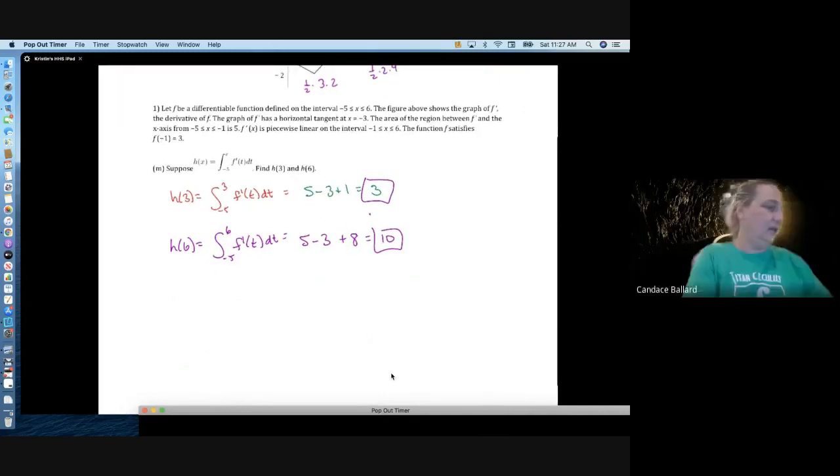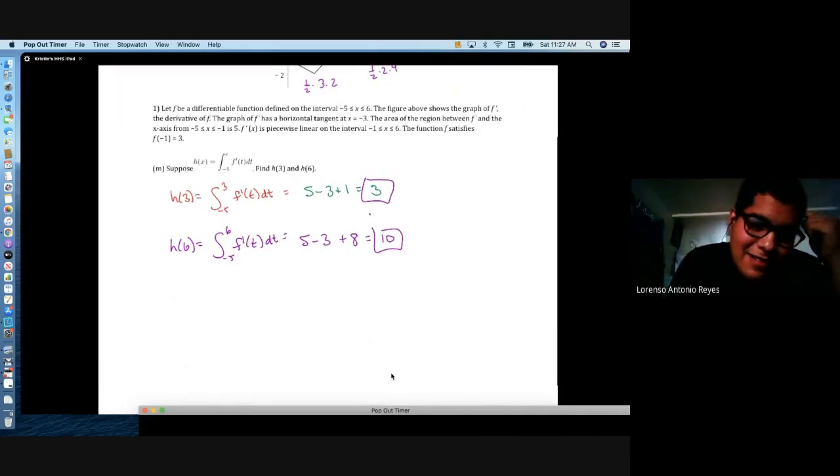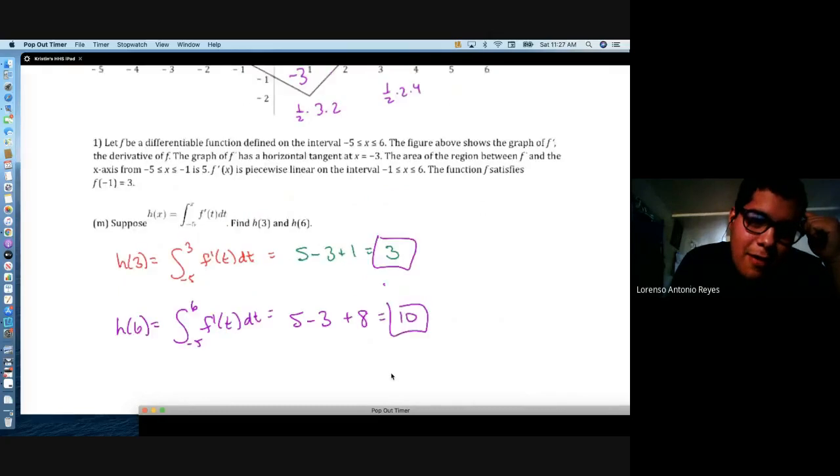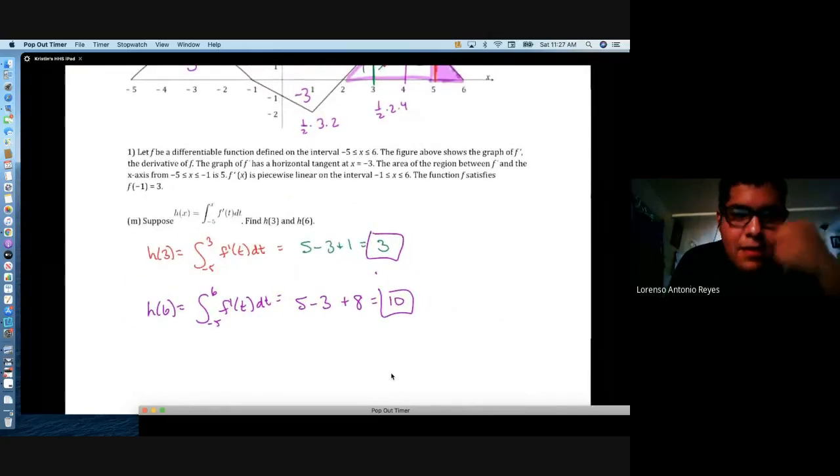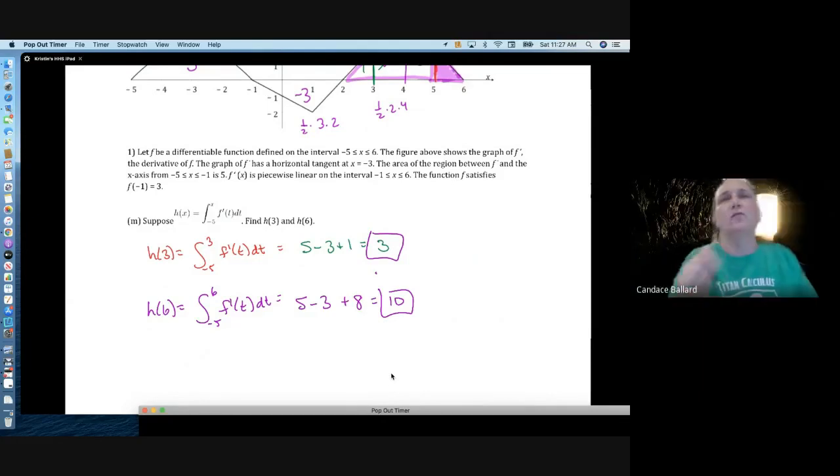Mrs. Ballard. Yes. Okay. So does the problem say that h of x was equal to the integral of f prime of t? Yes. So wouldn't we have found the area underneath the curve, since that's a graph of f prime of t?